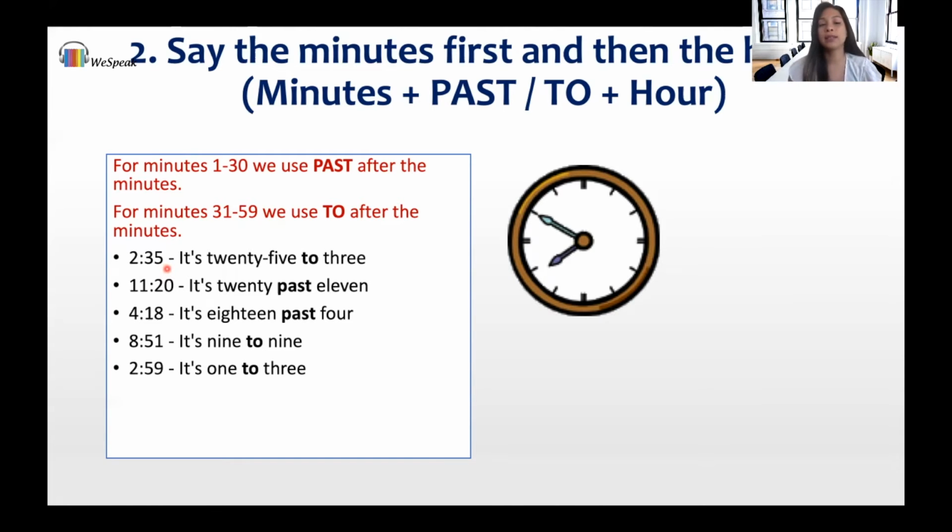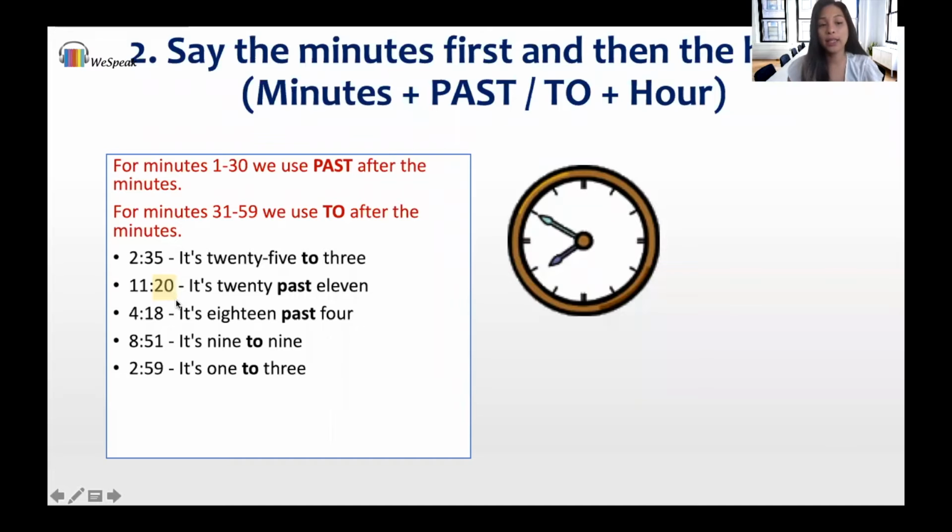How many minutes till 3? 25 minutes to 3. It's 20 past 11. First, the minutes. 20.